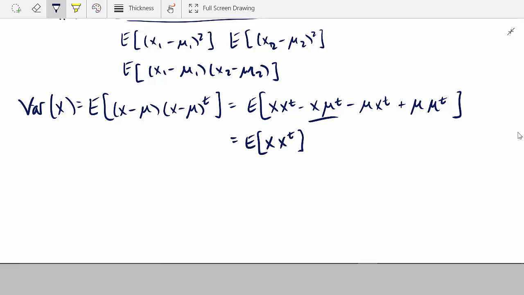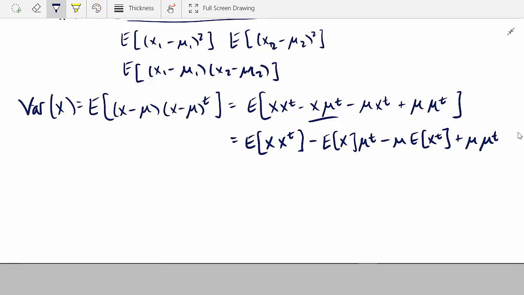Then mu is not random, so we can pull it out of the expected value. And the expected value is a linear operator, so it moves across these sums. So we can write this as the expected value of x x transpose minus the expected value of x times mu transpose, minus mu times the expected value of x transpose, plus mu mu transpose, since mu transpose has nothing random in it.